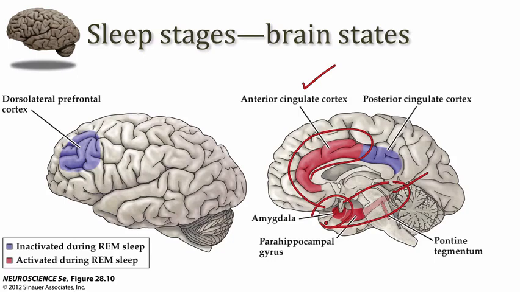Meanwhile, those parts of our brain that are otherwise involved in executive control functions, such as this dorsal lateral prefrontal cortex, these regions actually show decreased activity relative to the resting state. And perhaps with a decrease in the moderating influence of this executive control network, this might help explain why sometimes the content of our dreams can be socially inappropriate.